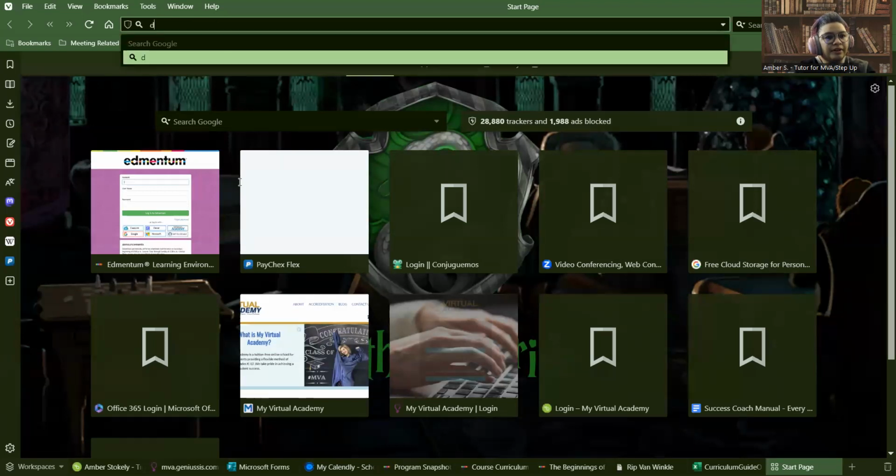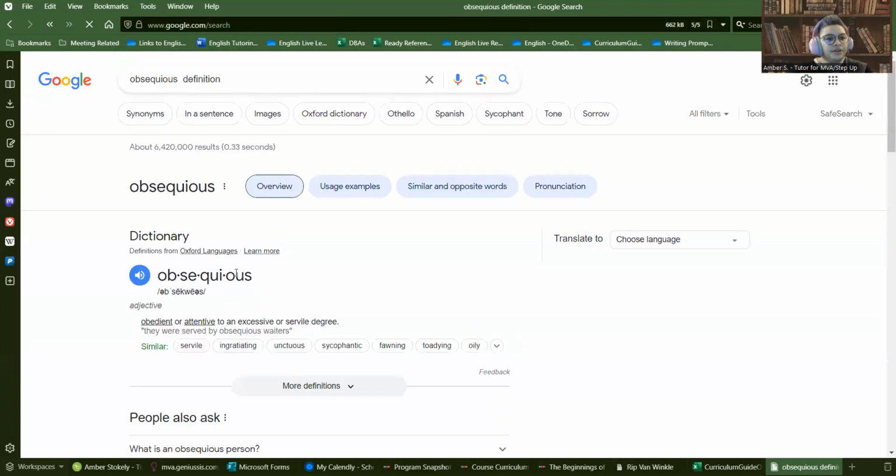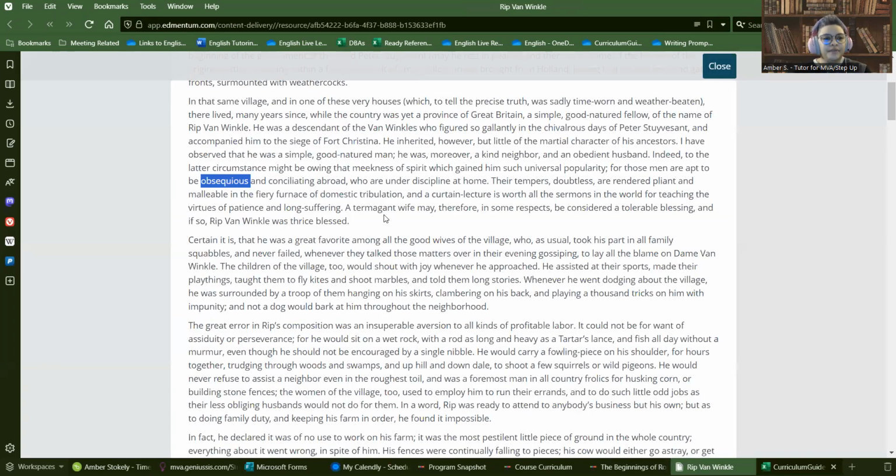Let's put that in there. Definition. All right. Obsequious: obedient or attentive to an excessive or servile degree, right? So basically, you're a little too humble. You're a people pleaser, pretty much.